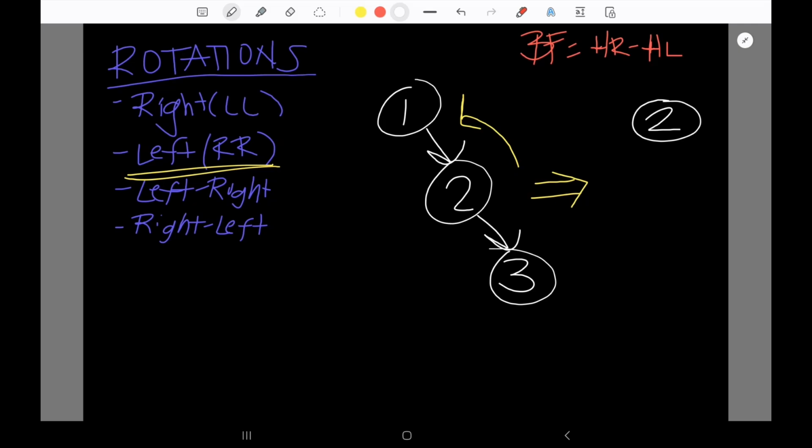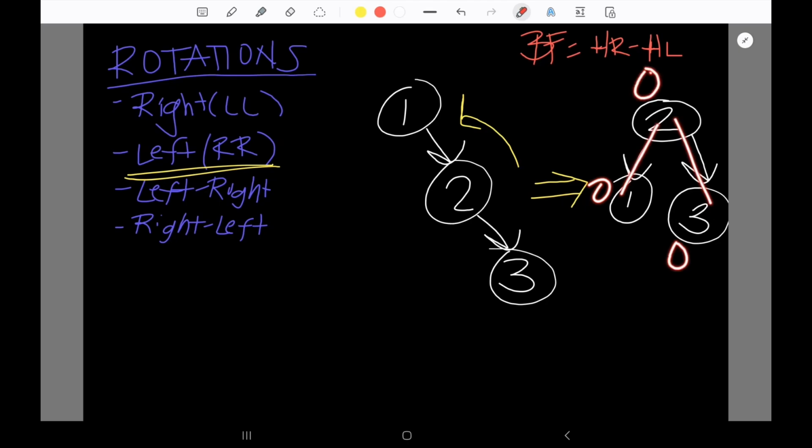And of course, to the left is 1 and 3. So this is a balanced tree because it has 0 here, 0 here, 0 here, 1 minus 1, 0. So this is how left rotation works.